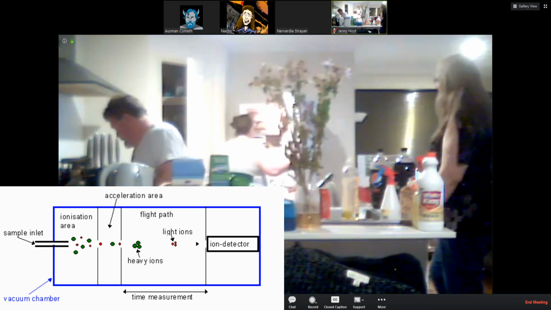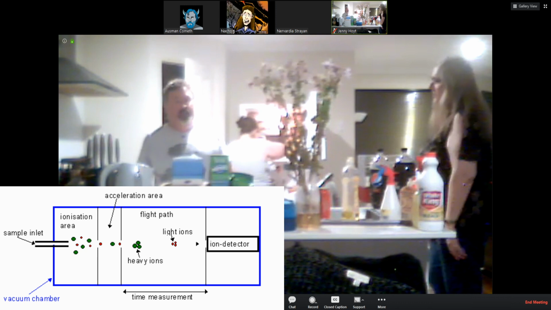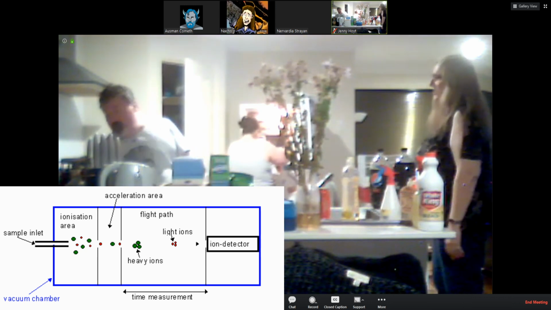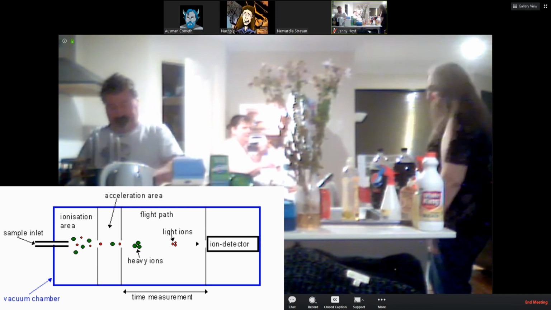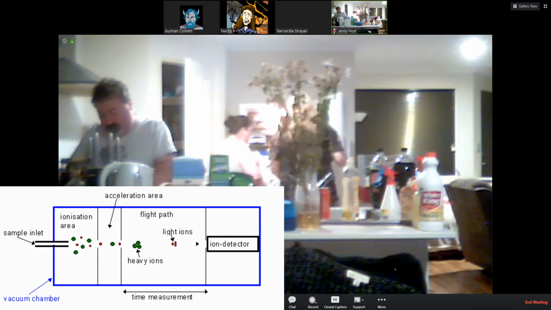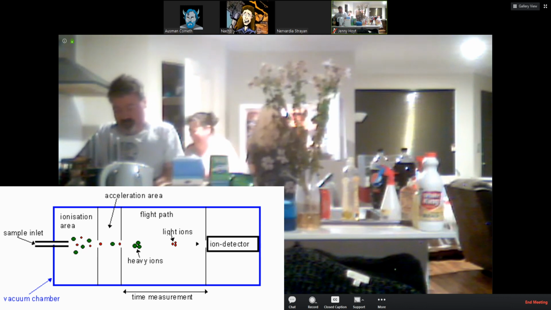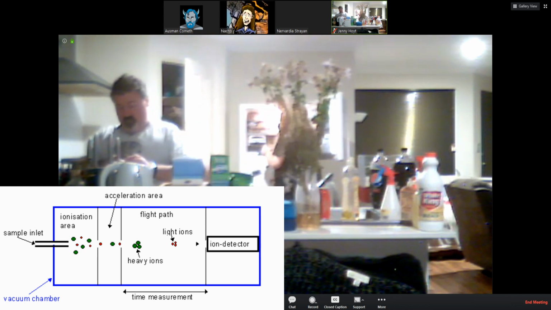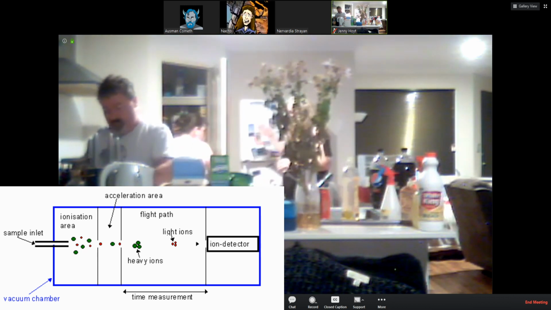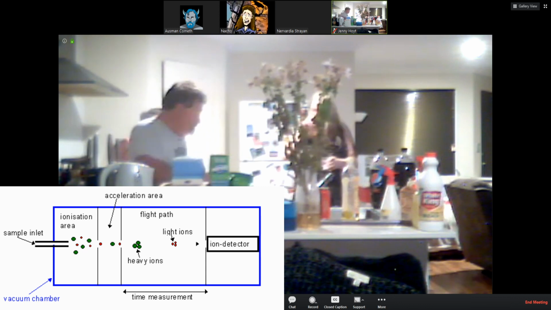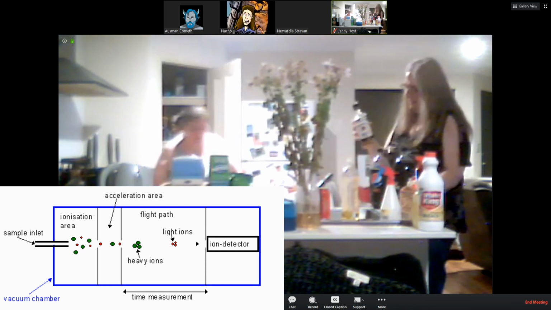It reflects into the sensor, but there's an increasingly more positively charged grid, which slows down the faster molecules and allows the slower ones to catch up. Then once they stop moving, they get flung into the sensor. That's another way to make sure that they all hit at the same kinetic energy.